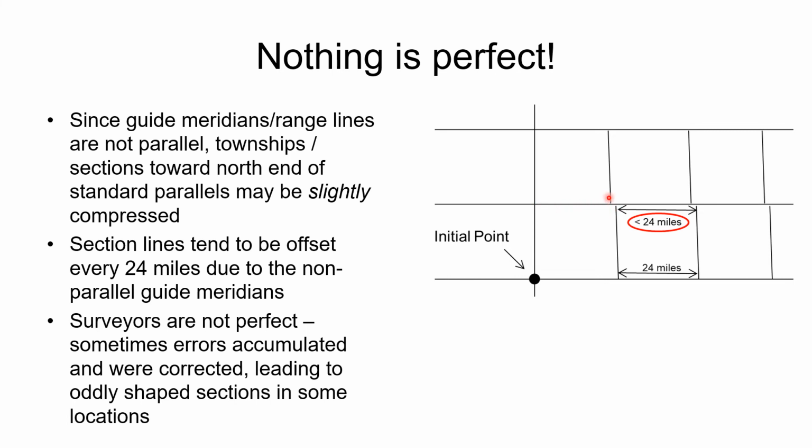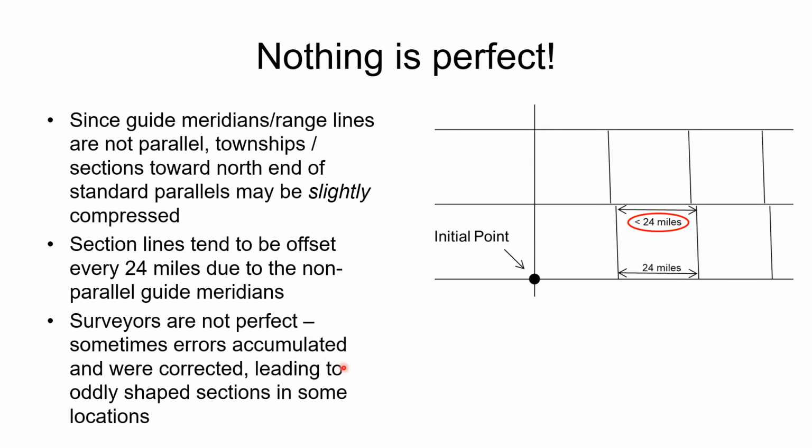Actually, I think this would be the other direction. I guess it depends on where the North Pole is relative to this. At any rate, there's usually an offset in where the sections lie along these standard parallels. And that's just because they basically reset every 24 miles.